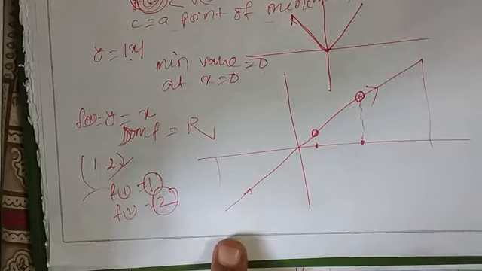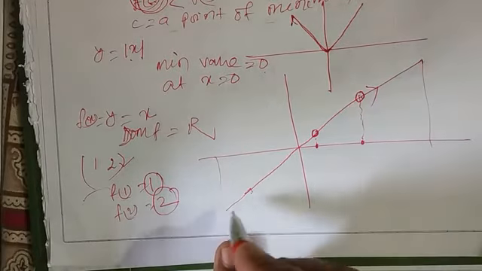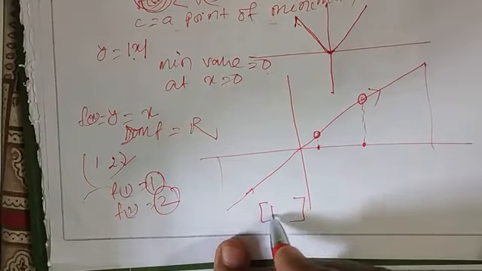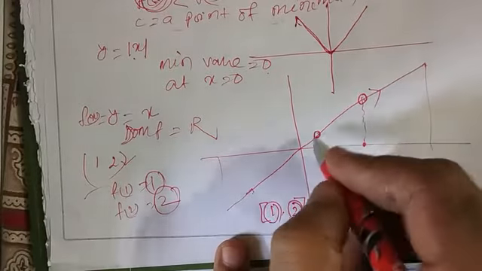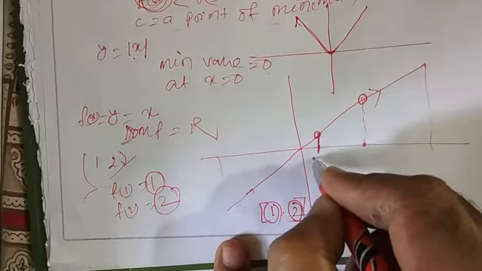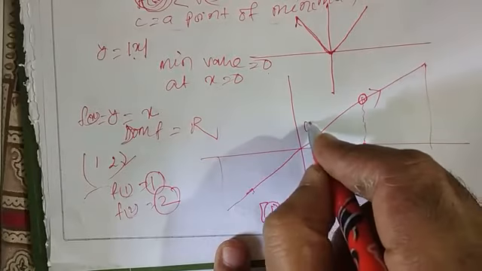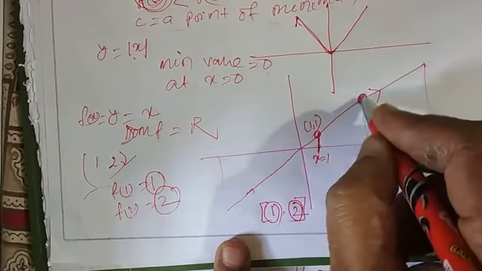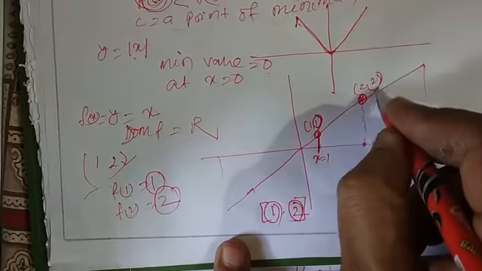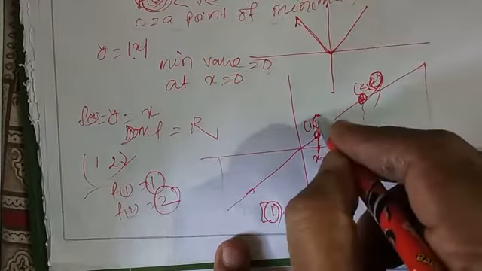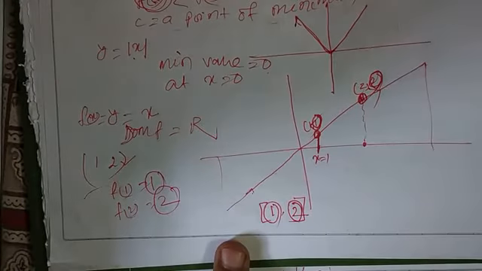Coming to common sense, if I make it a closed interval, then 1 and 2 are included in the interval. So for x equal to 1, y is 1, and for x equal to 2, y is 2. What is the highest value of y? It is 2. The lowest value of y is 1. Getting the idea?